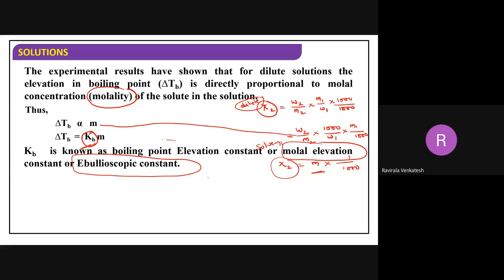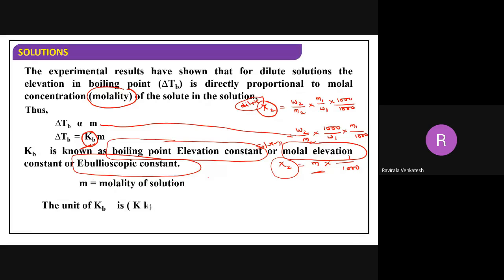Now, based on this, what will be the formula, beta? m is equal to the molality of the solution, and Kb. What is Kb now here? Kb is equal to what can I write, beta? Delta Tb divided by molality. Now, what are the units for delta Tb, beta?